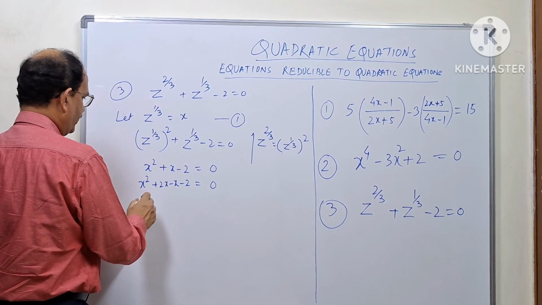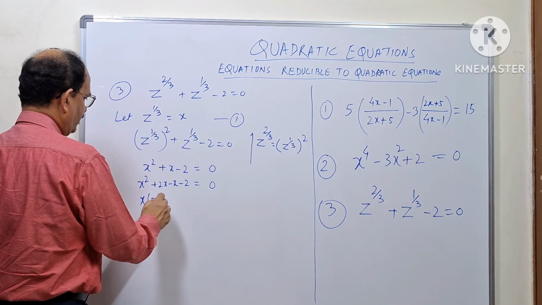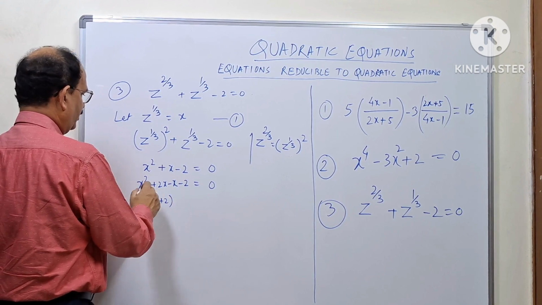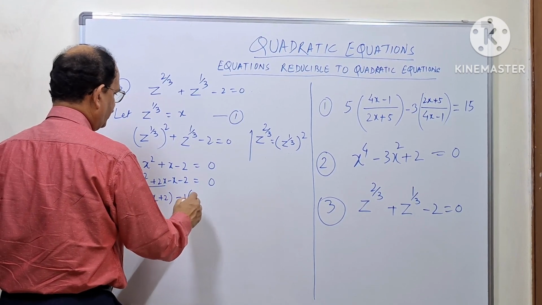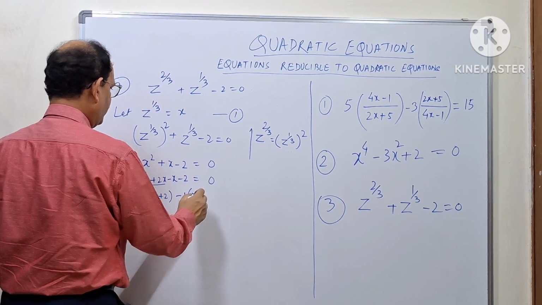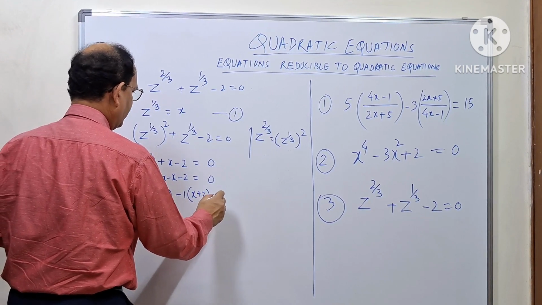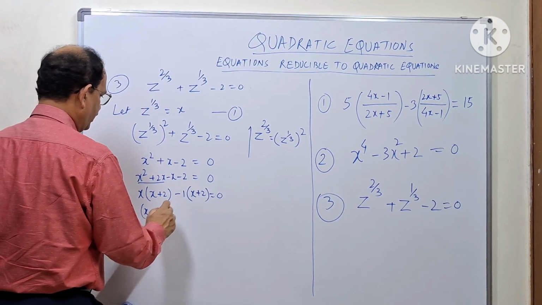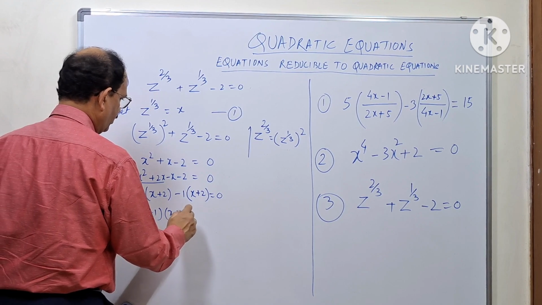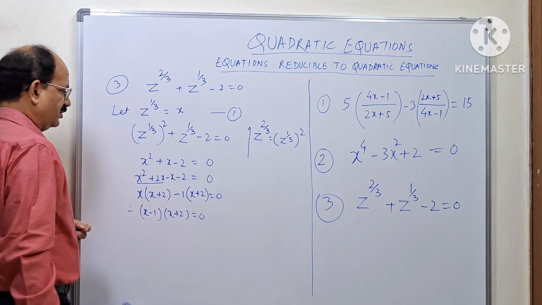Taking x common out of the first two terms and minus 1 out of the last two, it will be x times (x plus 2) minus 1 times (x plus 2) equal to 0, and therefore (x minus 1)(x plus 2) is equal to 0.